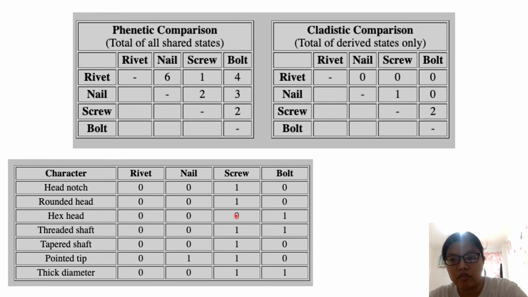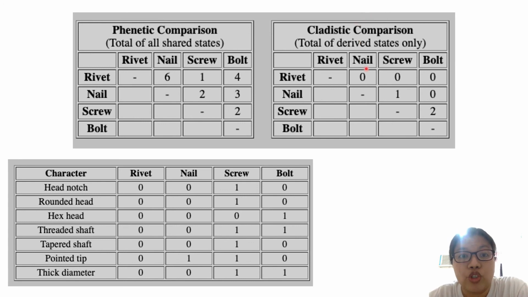For the screw and the nail, they share 2 states, which is the absence of the hex head and the presence of pointed tip. So as you can see here, we are counting the absence or the presence as soon as they share the state. Okay? Now for cladistic comparison, we are only looking at the present.